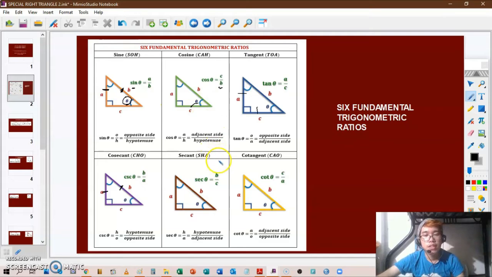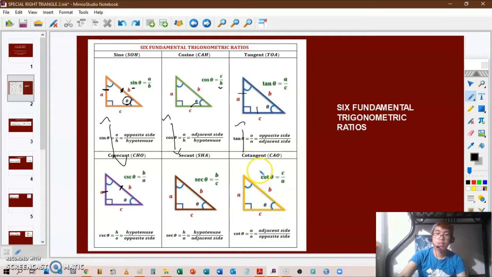Secant theta is equal to B all over C, whereas cosine theta is equal to C over B. So these are the inverses of our main trigonometric ratios. And for cotangent, we just inverse tangent, which is A over C, so cotangent theta is equal to C all over A, or the adjacent side over the opposite side.